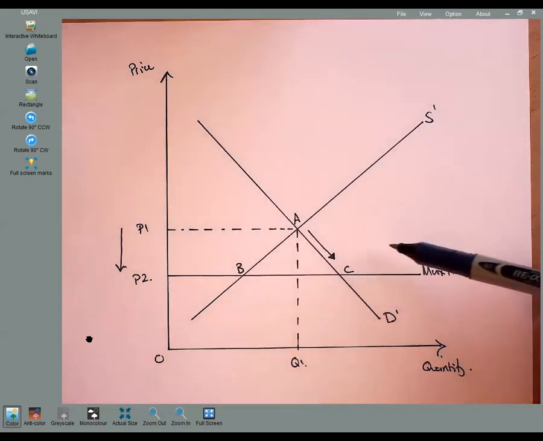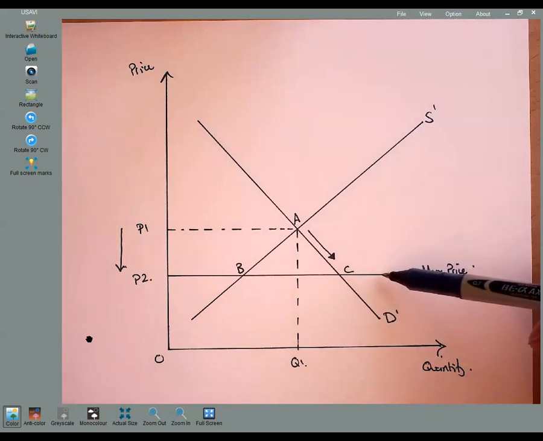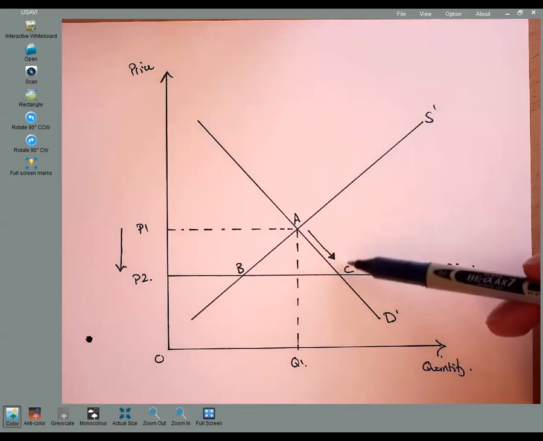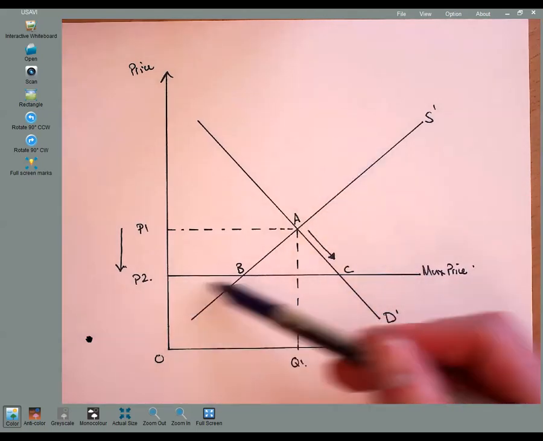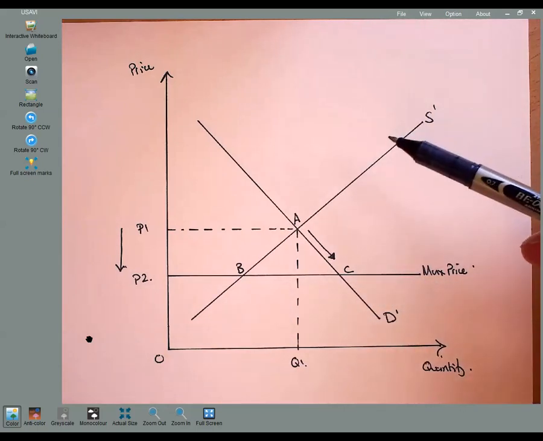Now, no firm legally can sell at any price above P2. They can sell at any price below P2 if they wish, but they cannot sell anywhere above P2. This is now the legal limit at which they're allowed to set the highest possible price of that good.